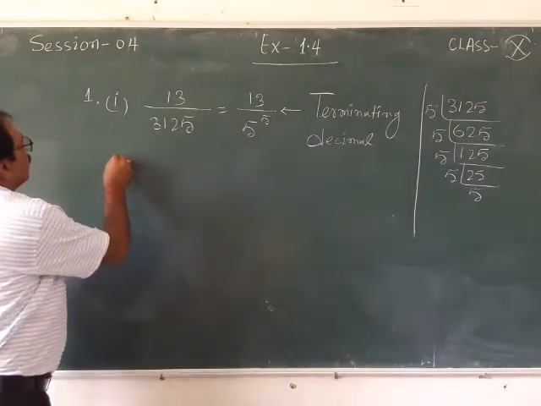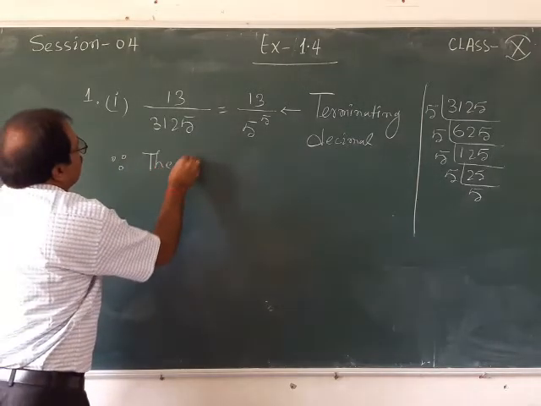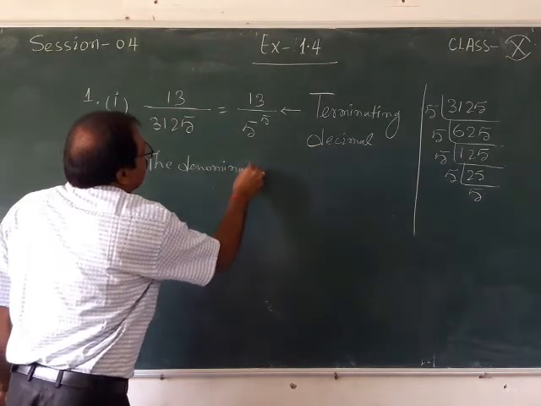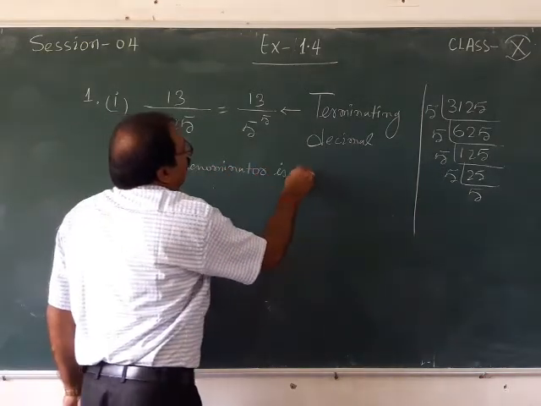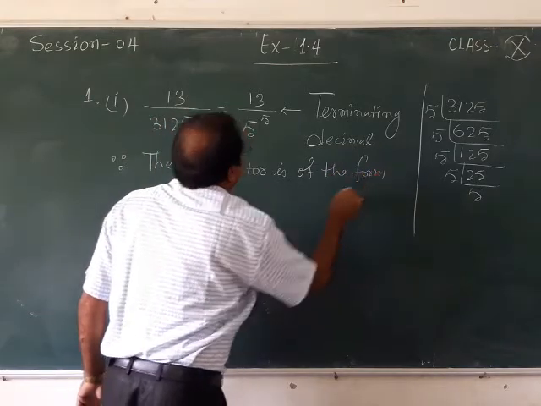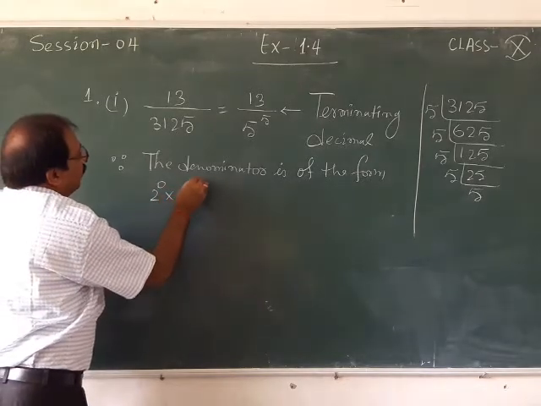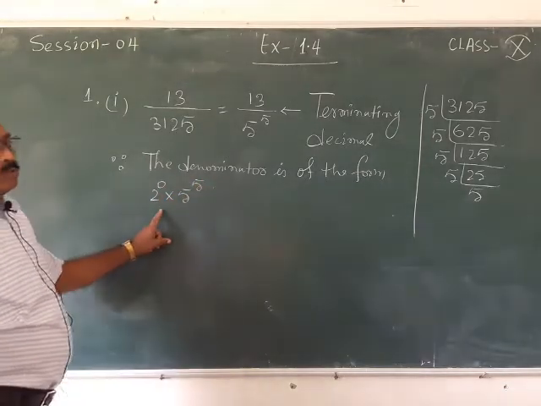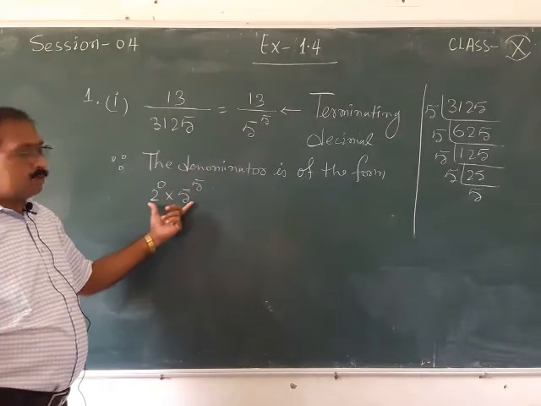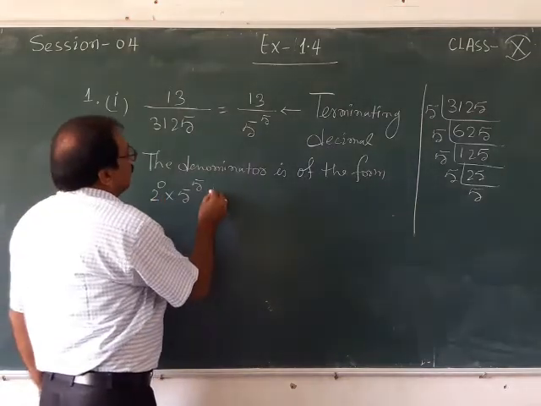Because the denominator is of the form 2 to the power 0 into 5 to the power 5. Why have I written 2 to the power 0? Because there is no 2, so I can write it as 2 to the power 0 into 5 to the power 5.